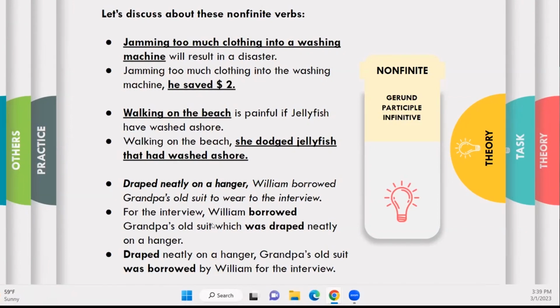Let me read it out loud for you. Draped neatly on a hanger, William borrowed Grandpa's old suit to wear to the interview. For the interview, William borrowed Grandpa's old suit, which was draped neatly on a hanger. The third option: draped neatly on a hanger, Grandpa's old suit was borrowed by William for the interview.